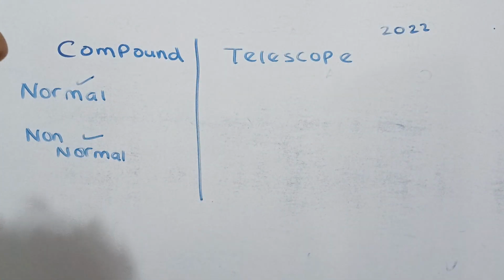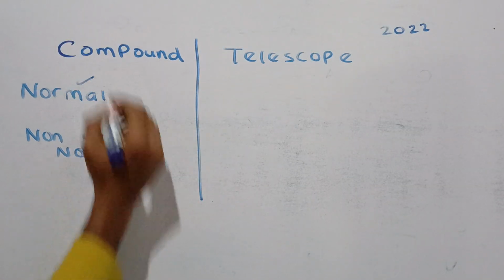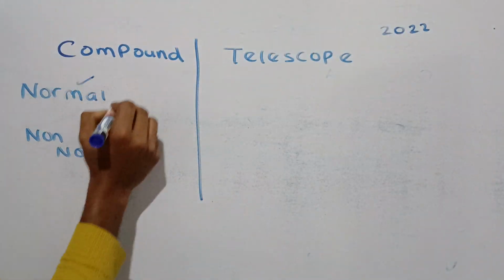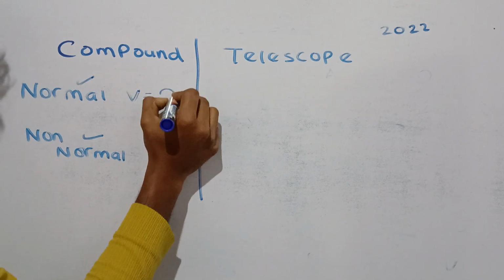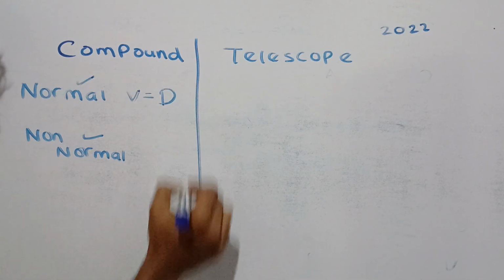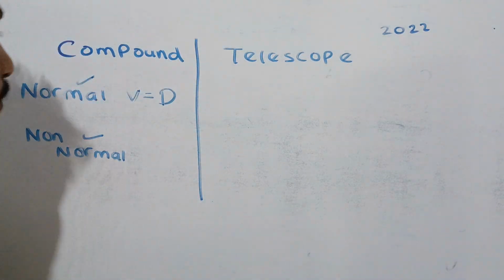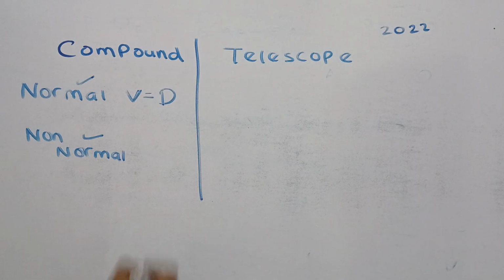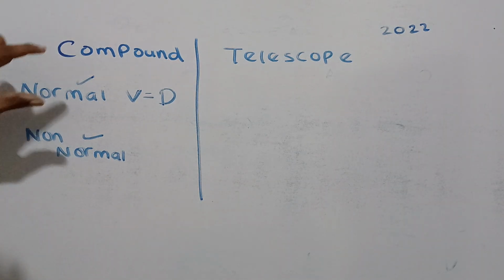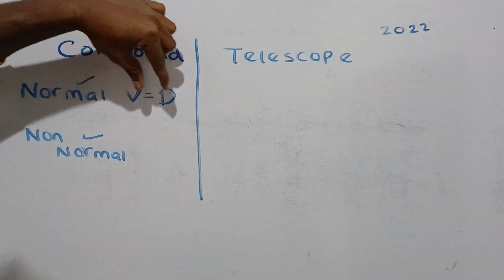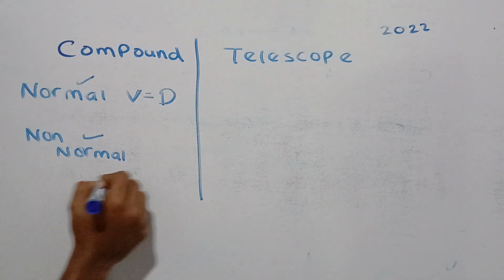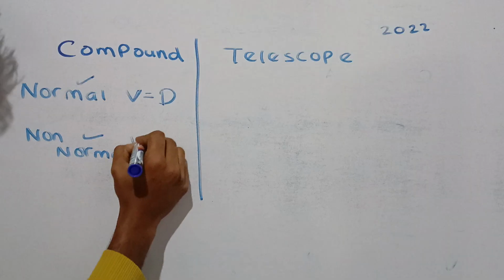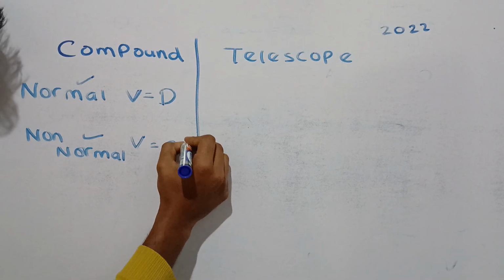The main difference between these two is, when it comes to a compound microscope, at normal adjustment, the image is formed at the least distance of distinct vision. It might be 25 cm or anything, but mainly you should understand that in the normal adjustment, the image is produced at the least distance of distinct vision. And in the non-normal adjustment, the image is formed at infinity.